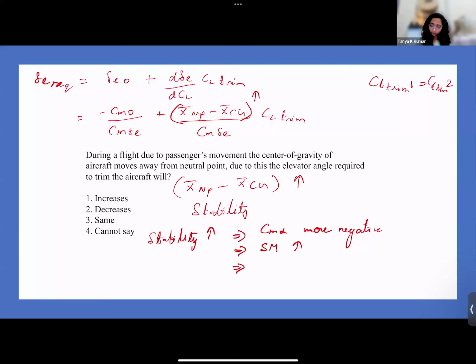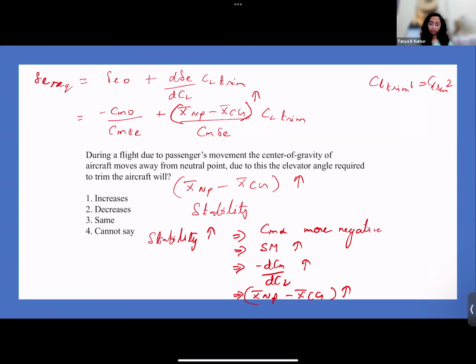What is static margin? Minus PCM by PCL. So if this quantity increases, that is similar to the slope becoming more negative, then stability is increasing. Again, another definition for static margin is X bar NP minus X bar CG. If this increases, stability increases.